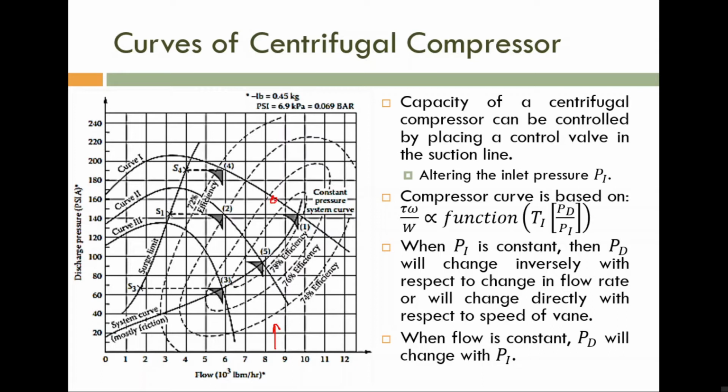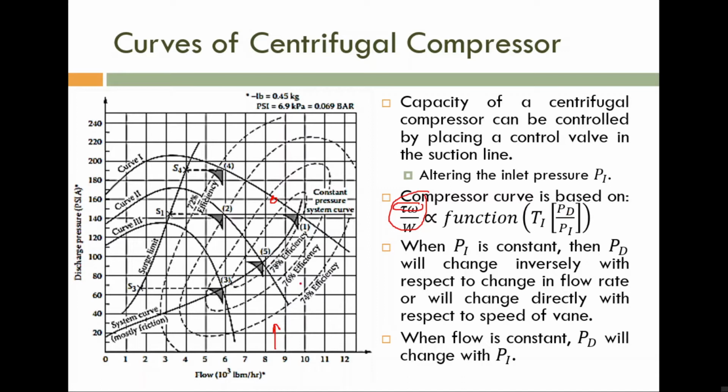If these two quantities are constant, corresponding to this flow rate W is also constant, which means all these quantities are constant, so the compressor ratio is constant. At that point, if suction pressure is changing, the discharge pressure will change proportionally.